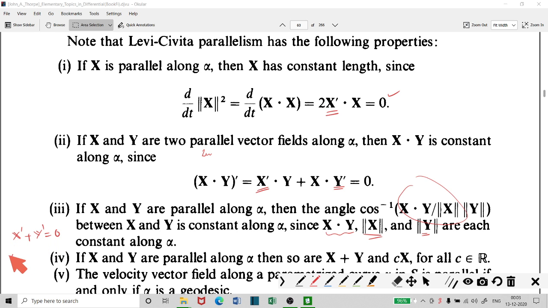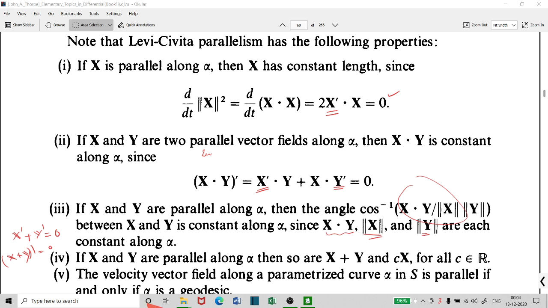This is nothing but x plus y whole prime. So if x and y are parallel, then these two covariant derivatives are 0. Consequently, the covariant derivative of x plus y is also 0. Similarly, you can prove that cx is also parallel. So sums and scalar multiples of parallel vector fields are always parallel.